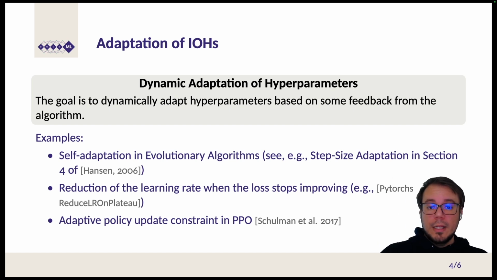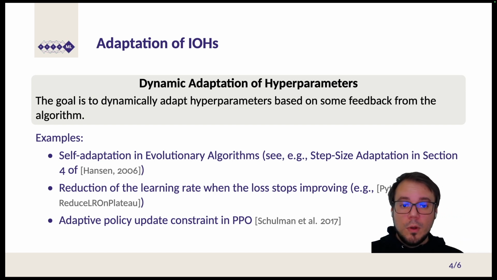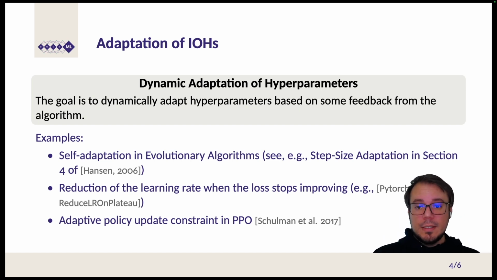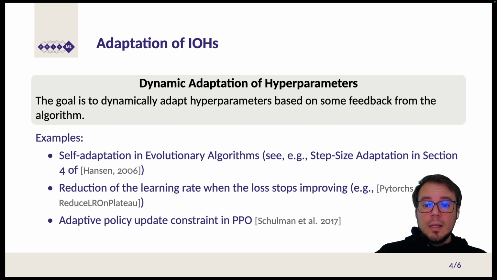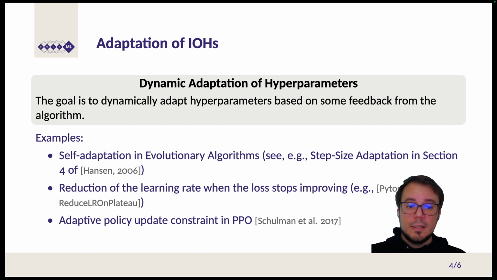And in the evolutionary algorithms, we often see that also in the form of self-adaptation, where the internal mechanism of the algorithm observes some statistics, and based on these statistics, the algorithm then decides how to adapt individual hyperparameters or other components such that the search progresses. So a very famous example of that is the step size adaptation, as is often used, for example, with something like a CMAES algorithm, which is linked in this reference here.